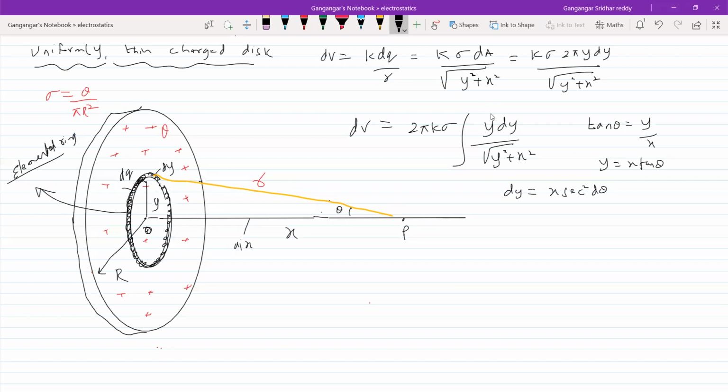So substituting, dV equal to 2 pi k sigma, y is x tan theta, dy, over root of y square is x square tan square theta plus x square. X will get eliminated. Keep tan theta. 1 plus tan square theta is secant square theta, so I'll get secant theta.